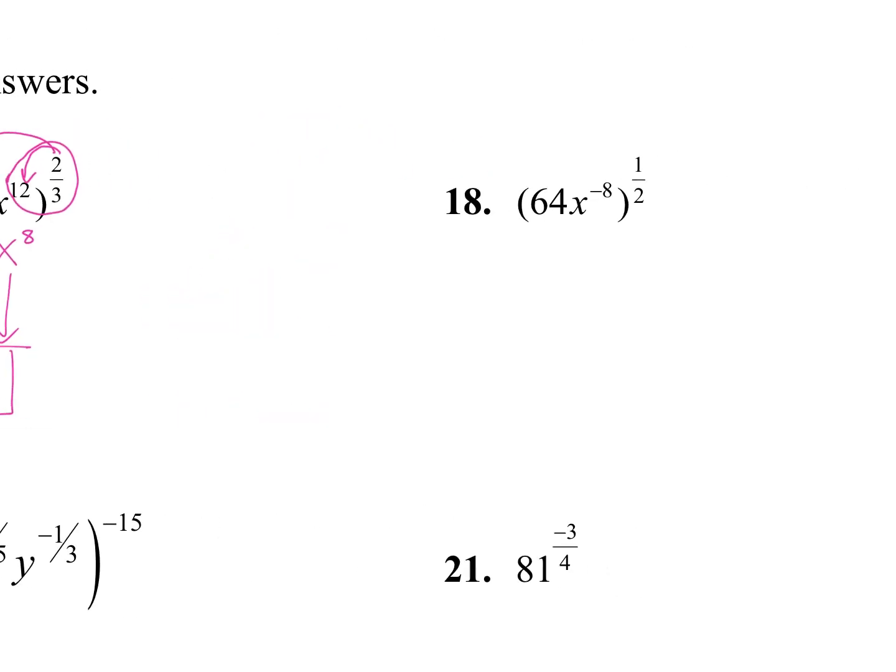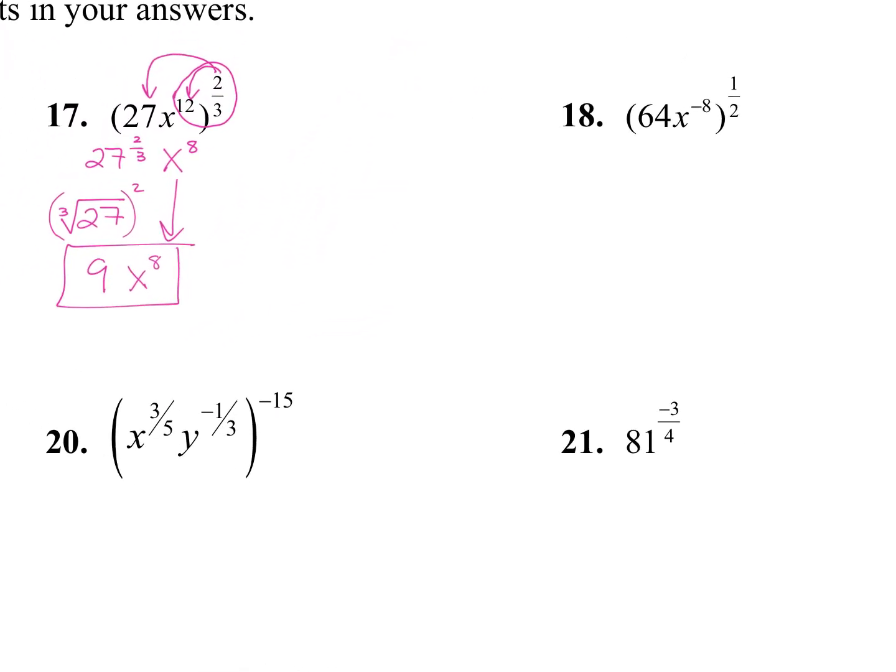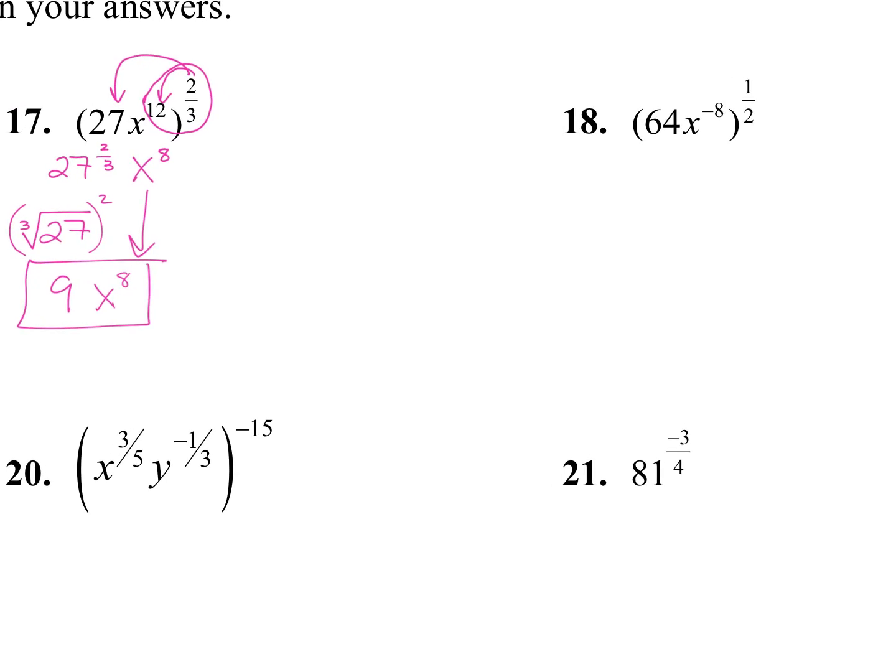All right, number 18. What do you do with this one? Distribute. Yeah, take that 1/2 power to both of these things. So 64 to the 1/2 power is the square root of 64, right? Anything to the 1/2 power is the square root. x to the -8th to the 1/2, you're going to multiply those.